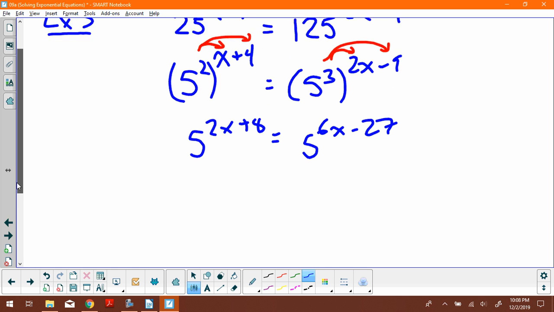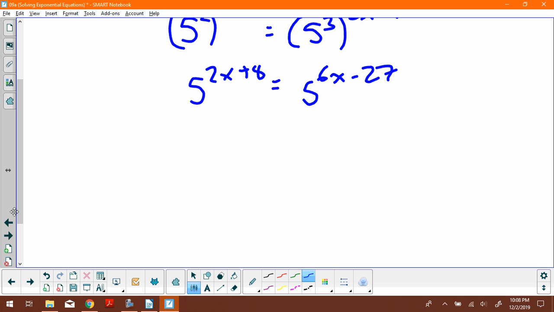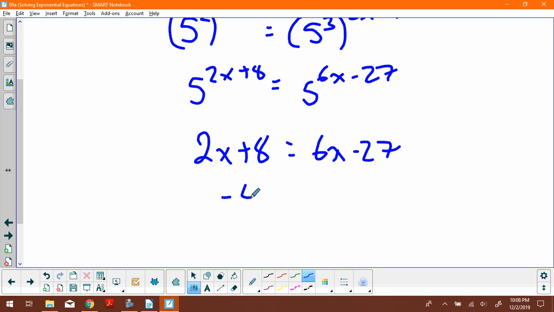Now that I've got the same base, I can equate the exponents. So 2x plus 8 equals 6x minus 27. I'll bring the 6x over, so I have -4x. I'll bring the 8 across, I'll be negative 35. So divide both sides through, and we have x equals 35 over 4.